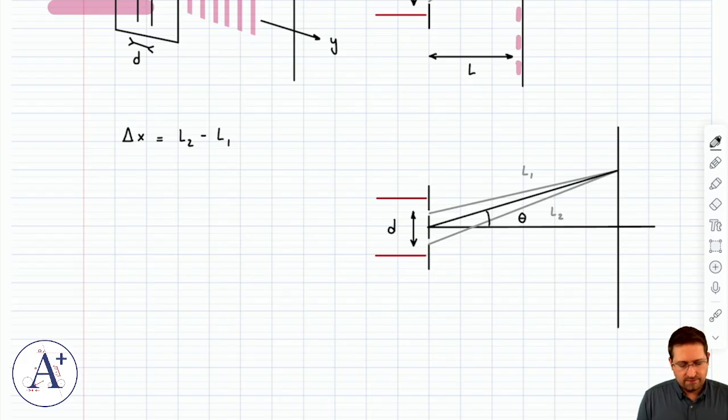Now, the light that we use is typically hundreds of nanometers, and the screen distance, L, is easily meters. So like 2 meters, call it. But it's in meters, and 100 nanometers is about 10 to negative 7, so it's like 10 million times smaller, something like that.